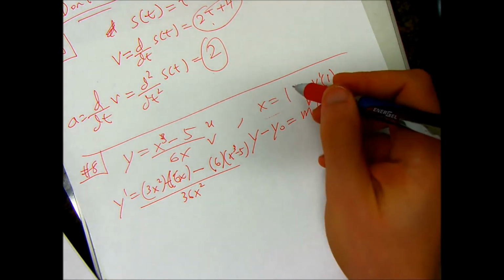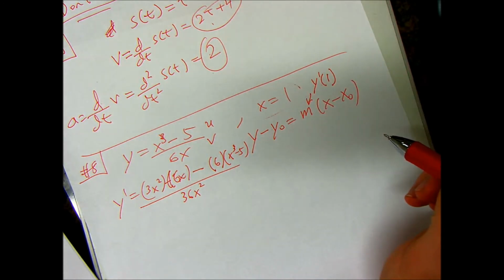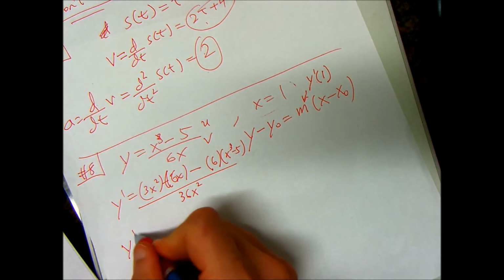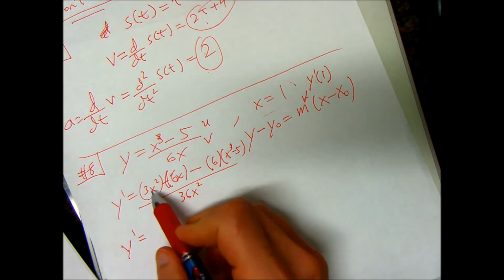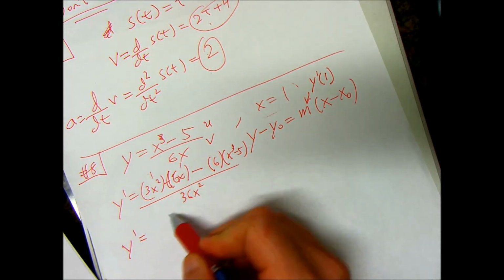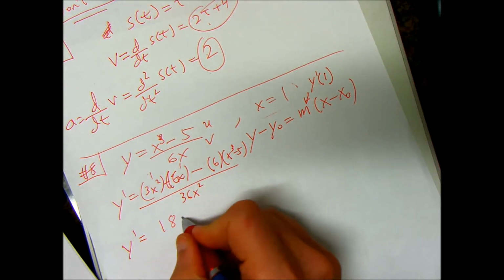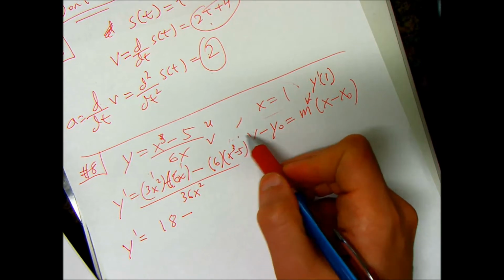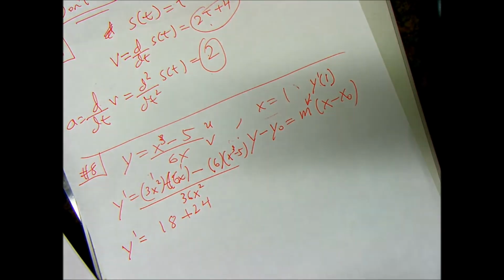This is one of those times when you just want to plug in your x values, right? Fortunately, y prime is by itself, so I just plug in 1, and I get 3 times 6 is 18, minus, this ends up being 1 minus 5, which is negative 4, so this is negative 24.